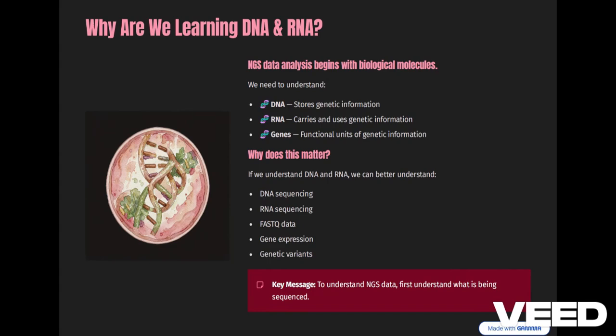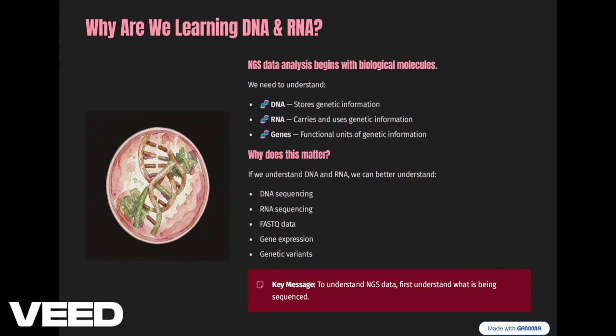Therefore, we must understand what DNA and RNA are before we can understand the sequencing data generated from them. Understanding DNA and RNA will help us later when we learn about DNA sequencing, RNA-seq, FASTQ files, gene expression analysis, and genetic variants. So always remember, to understand NGS data, first understand what is being sequenced.